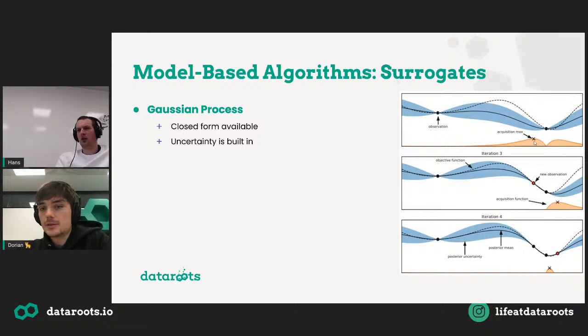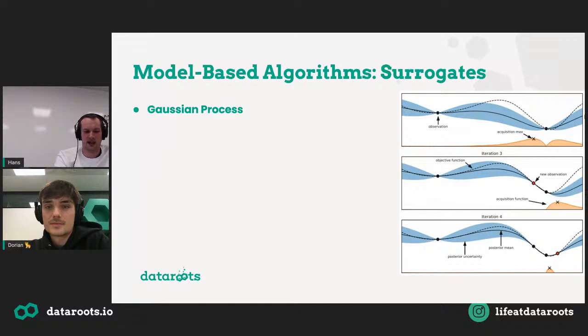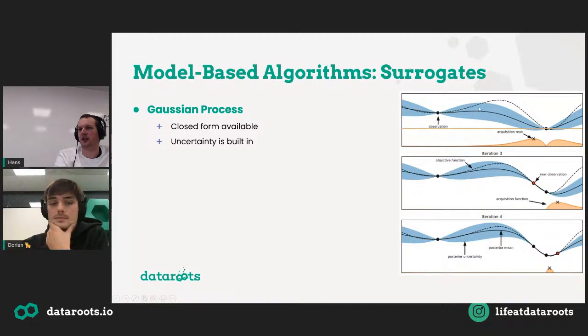And how do you calculate it? Do you know? Yeah, I know how to calculate it, but I was not going to go into specific formulas. But it's basically an expectation of how much better the next result is going to be compared to the best result obtained so far. So basically what you do is, as I told, like here, you draw a line at the best evaluation you already have and look at everything of your uncertainty that goes below, and even of your objective function actually, that goes below this line.